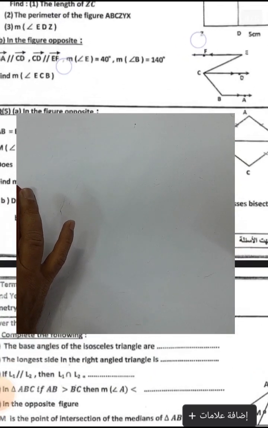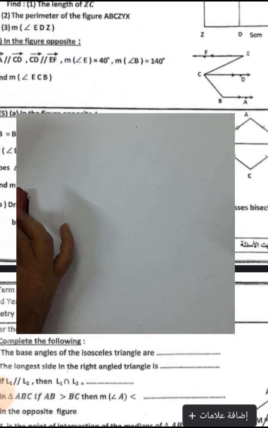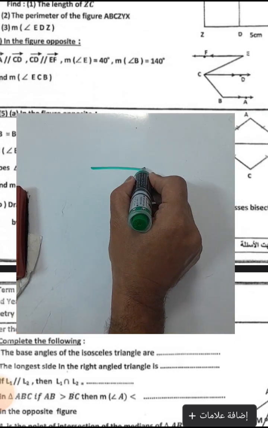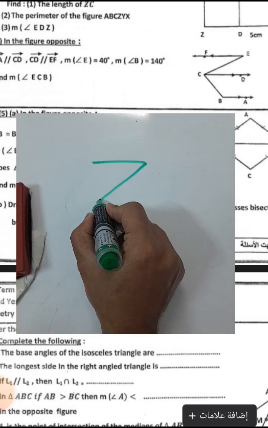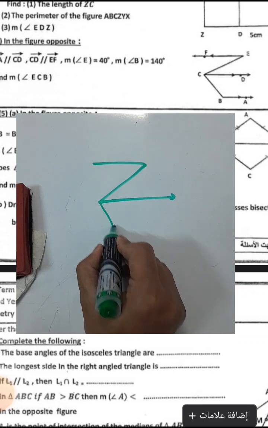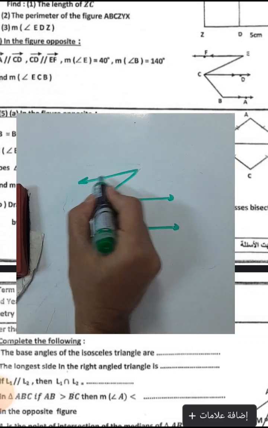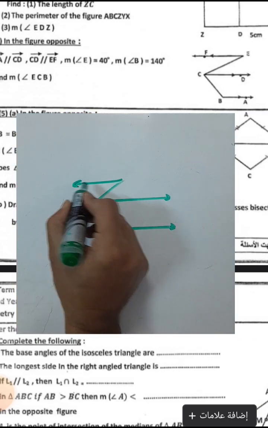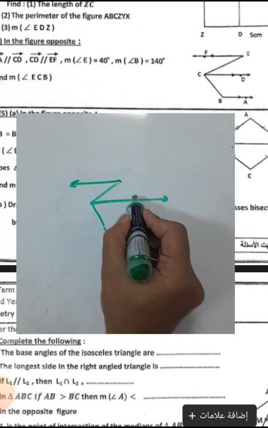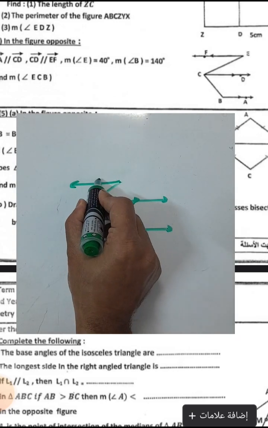Now we have another example. We have a straight line here and a straight line here, parallel. It is parallel to this side.